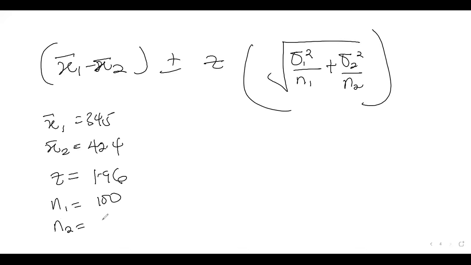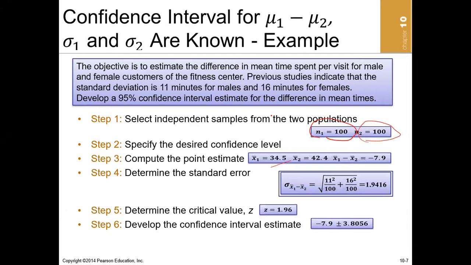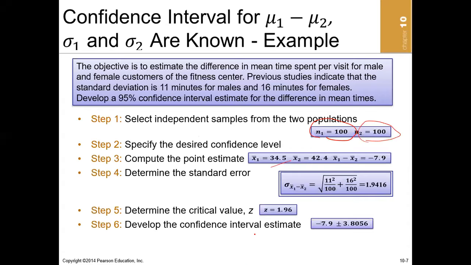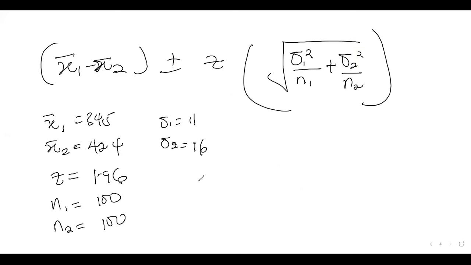The sample size for group 2 is also 100. Then the question says the standard deviation for the male is 11 minutes, female is 16 minutes. So the standard deviation for group 1 is 11. The standard deviation for group 2 is 16. Okay. So let's fix them into the formula.